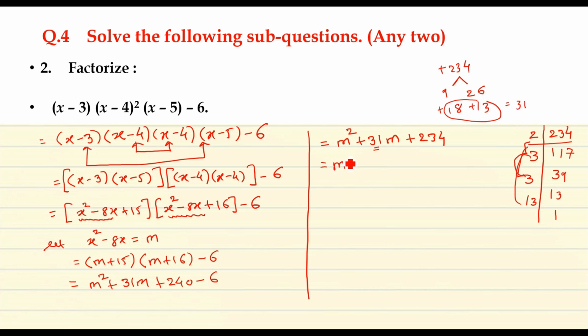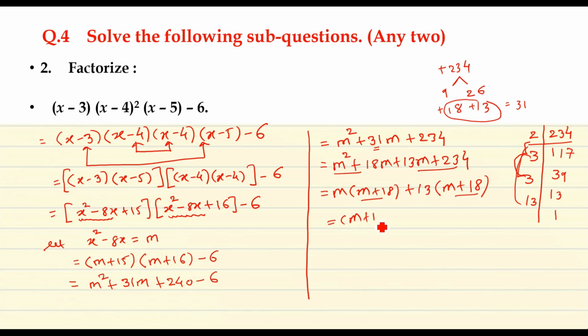So this will be m square plus 31m to be factored as 18m plus 13m, 234, and if you take m common here, this will be m plus 18, and if you take 13 common here, then it will be m plus 18. So m plus 18 is the common factor here, and the uncommon terms go in the next bracket.